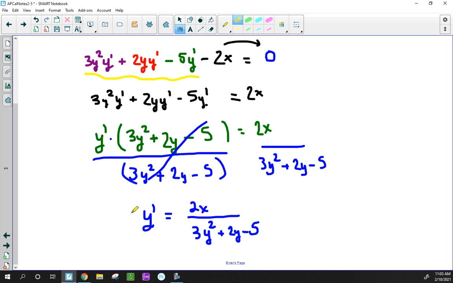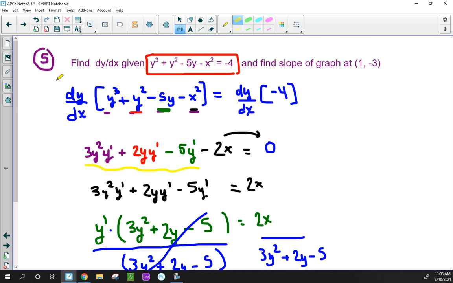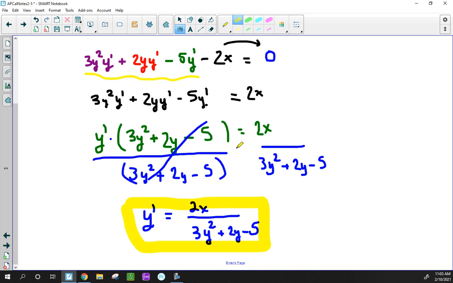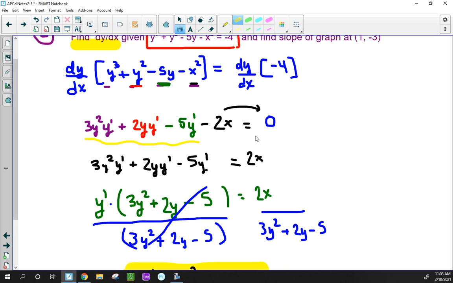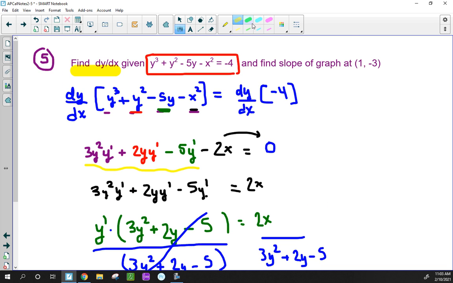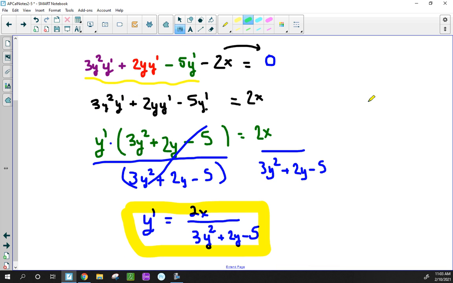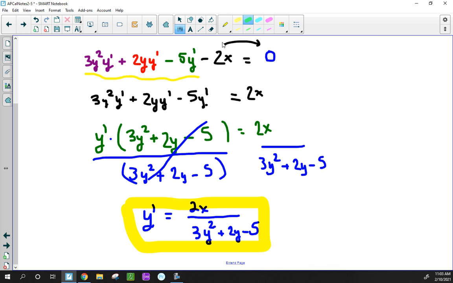Alright, so we got the first part of the directions accomplished now. We did this part. You can see the steps that it took, and now we're going to focus on finding the slope of the graph at 1, negative 3. So you're going to now take this equation and find the derivative at this location, 1, negative 3.